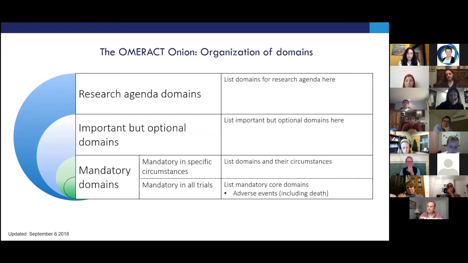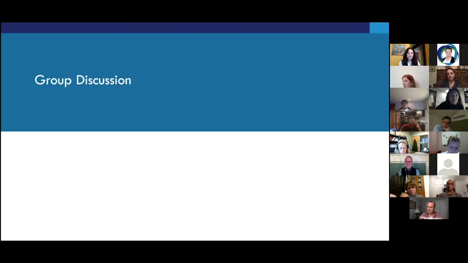So all domains that we feel are important to be included in all trials. Now, the way that this is set up is that you can allow for some domains that you feel are important, but maybe not mandatory, to also be placed within here, and that could be the optional domains. And then the outer layer is the research domains. So this is our ultimate end goal that we will come up with.